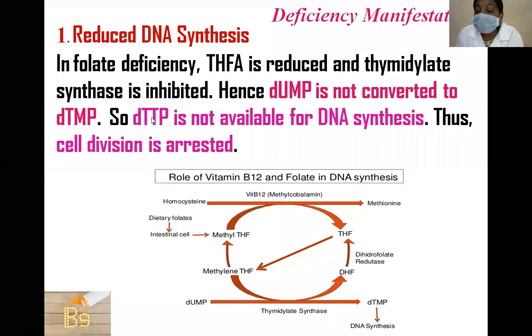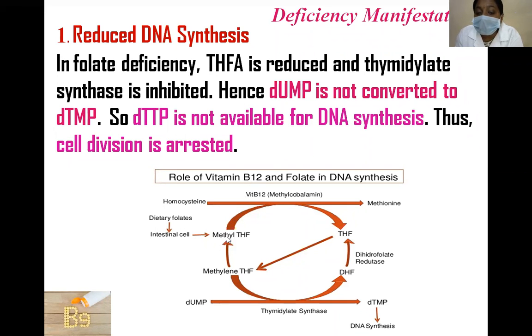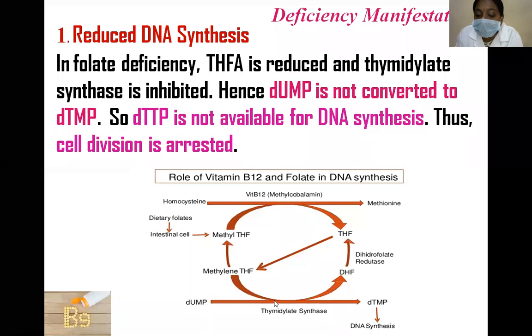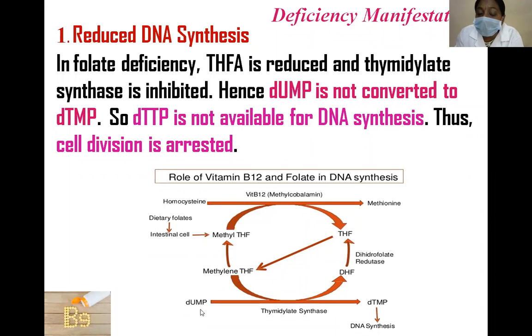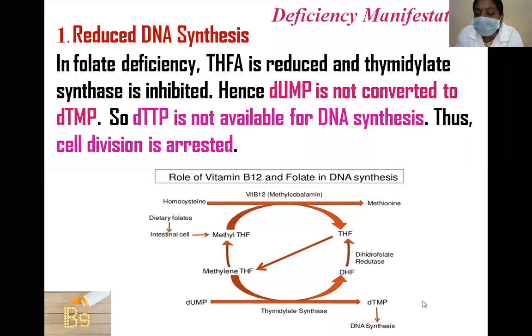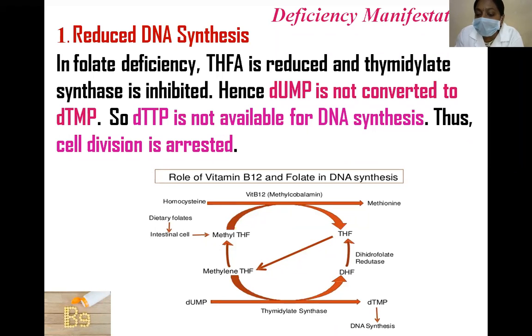First of all, when there is reduced DNA synthesis in folate deficiency, tetrahydrofolate is also reduced, so thymidylate synthesis is inhibited. dUMP, deoxyuridine monophosphate, is not converted into deoxythymidine monophosphate in the presence of thymidylate synthase. So DNA synthesis is totally reduced, dTTP is not available for DNA synthesis, and thus cell division is arrested.